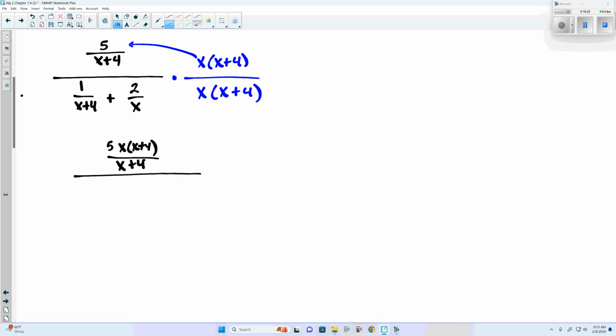We do the same thing in the denominator. This x times x plus 4 is going to multiply by our 1 and our 2. Well, 1 times x plus 4 is just x times x plus 4 over x plus 4, plus 2 times x plus 4 all over x.